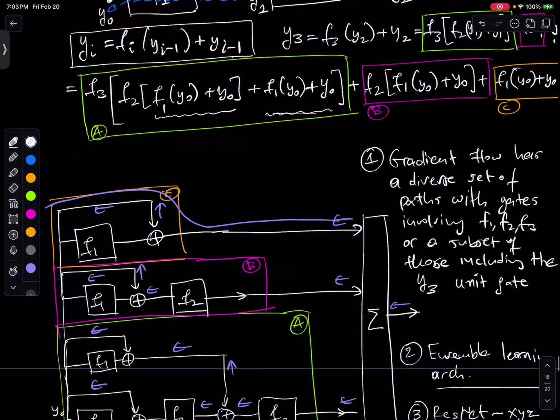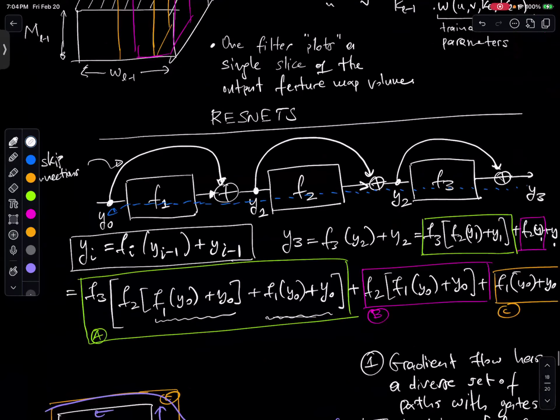Now, in your Python textbook, there is some more discussion of dimensioning, and more specifically, all the architectural details of these adders and the functions that the ResNets are engaging.